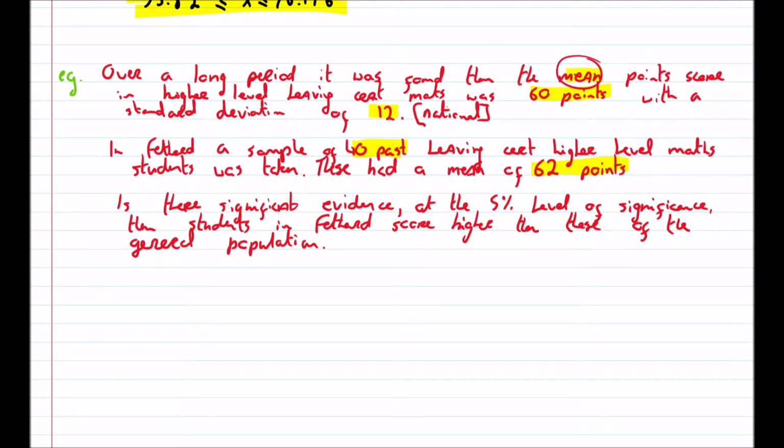We're comparing the mean of the national students with the mean of Feathered students. We'll do it two ways. We'll do it a confidence interval way and then a z-score way. Confidence interval way, same as the last question.